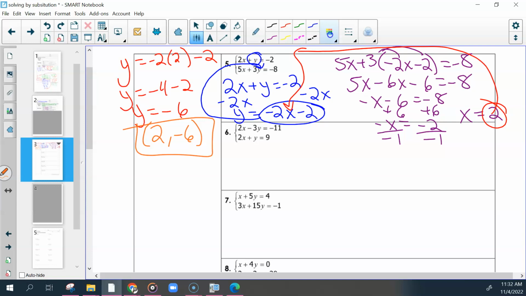Do we have any questions about this process, about how we got the answer, anything like that so far? There is one more that I want to go over with you, and then any others you see you want to go over, we'll do that.